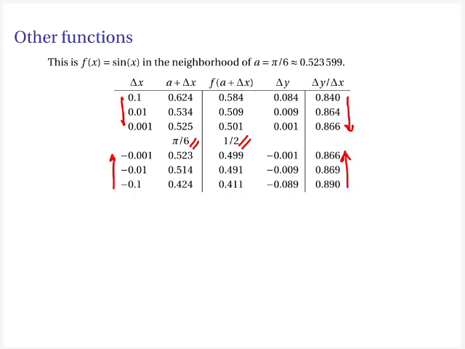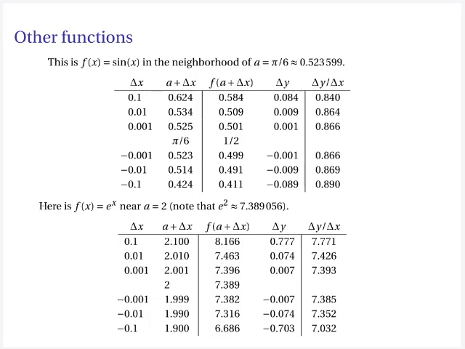I could look at whatever functions you care to look at, but I happen to look at sine of x and also e to the x. So f of x equals e to the x, and near a equals 2, and there's a equals 2, and there's e to the 2. And again, the structure of the table is that the delta x's come down to be smaller and smaller, come down to be 0, and the delta y over delta x's settle on some value.